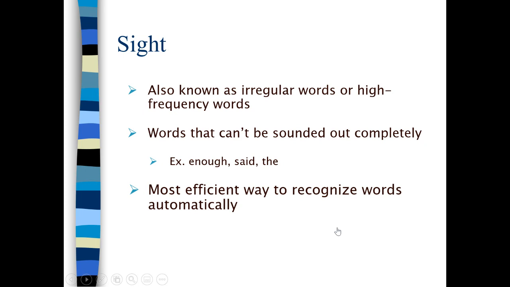You may not even realize that you're using them. These are words that can't be sounded out phonetically or completely, like the word enough. There's that GH making the F sound at the end. Said, we pronounce as SED if we think about the short vowel E, but it's spelled very differently. So sight words are those that are so irregular that we have to teach them explicitly and get students to recognize them automatically.